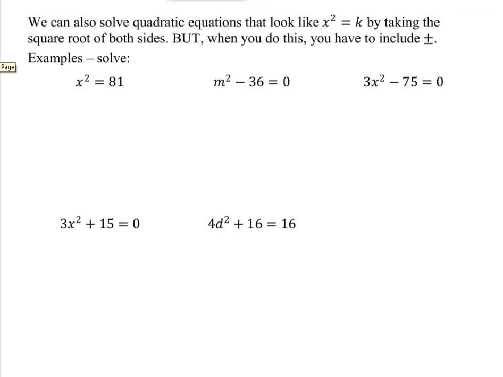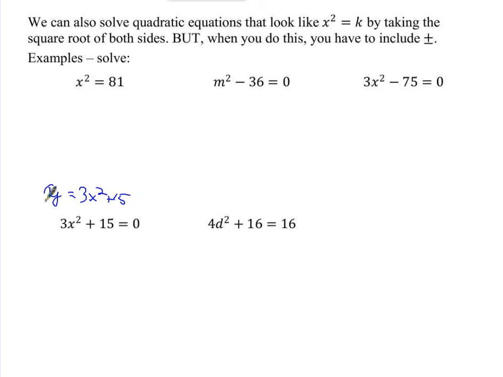So maybe I had this equation x squared minus 36 equals y. To solve the equation, I turn y into 0, and then I wind up with this situation right here. Or I had this equation, maybe that was y equals 3x squared plus 15. So then I turn y into 0. I could graph this and see where the graph crosses the x-axis, but the process is the same.